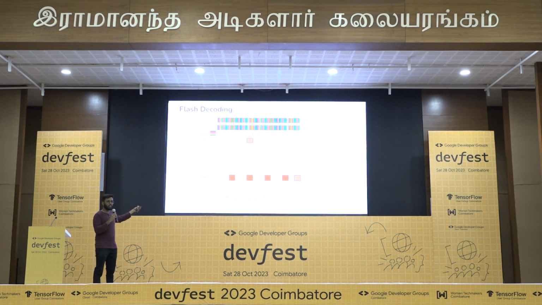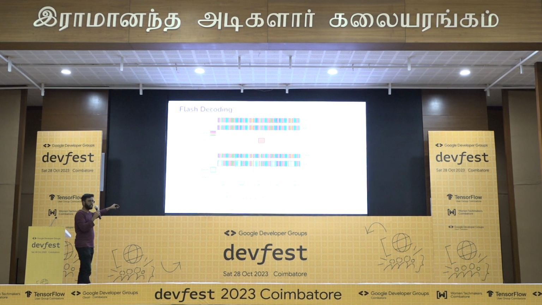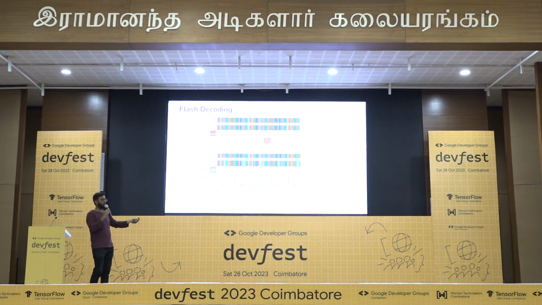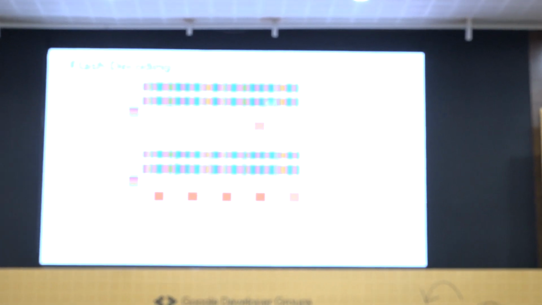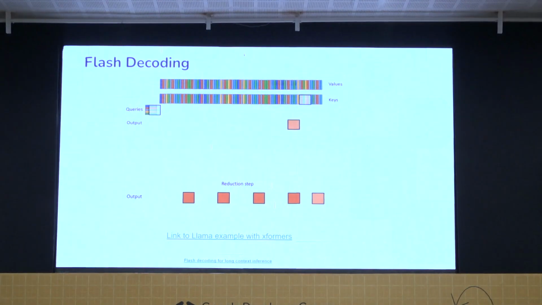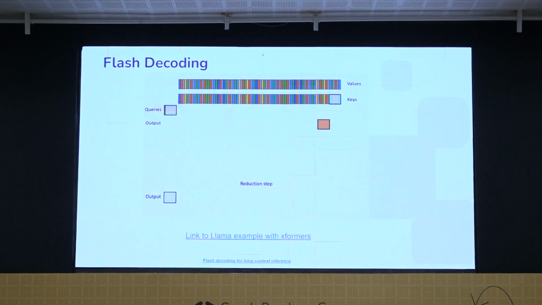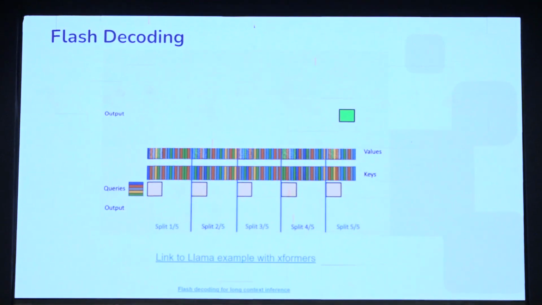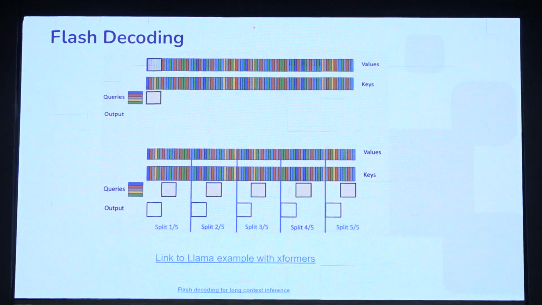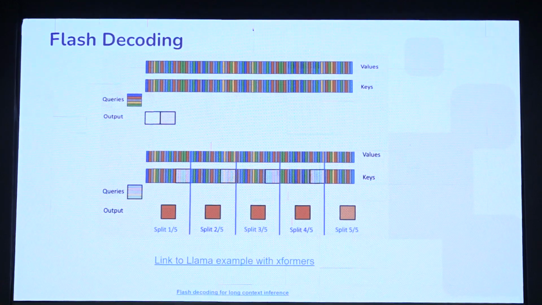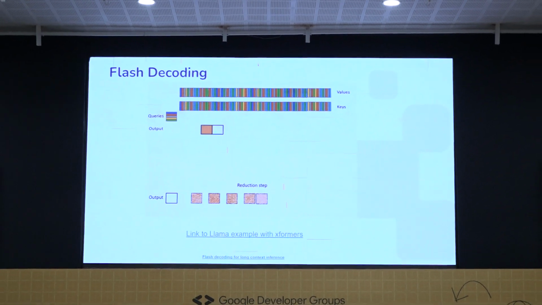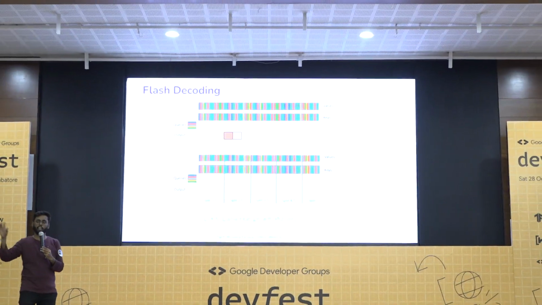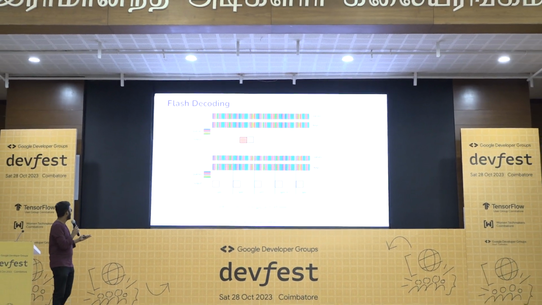So the authors of flash attention came up with a technique called flash decoding, which is specific to long sentences. When you don't enable it, the KV cache has to be calculated and the tiling has to be done from one sequence chunk to another. But when you enable flash decoding, it is parallelized at the sequence level, and then everything is reduced and the final calculation is done.